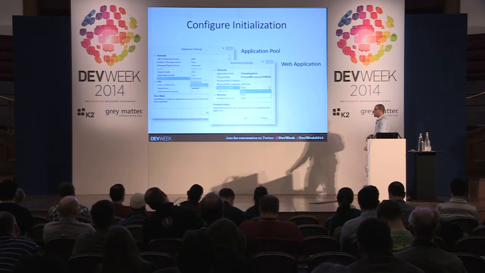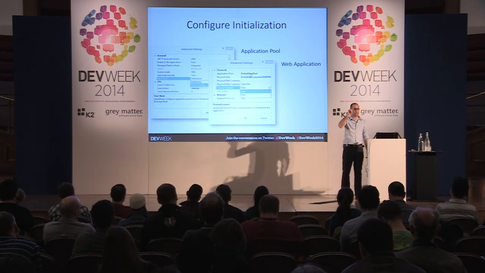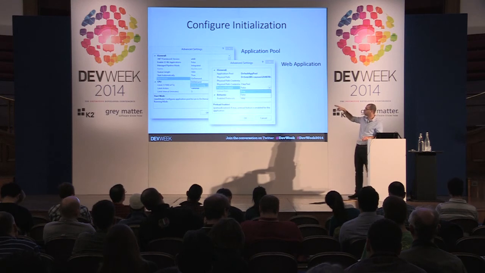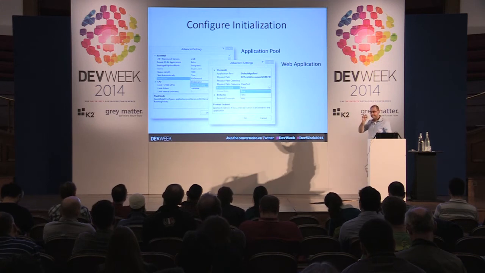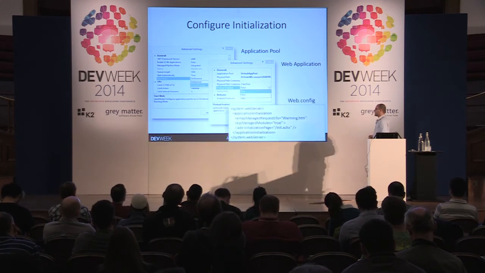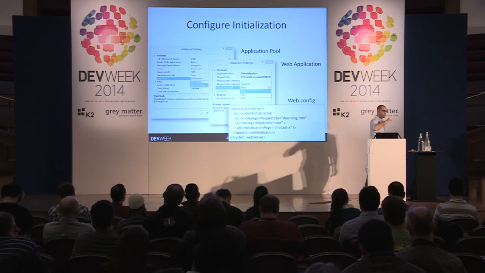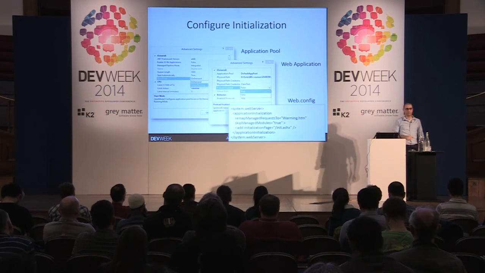The second thing, go to your web application properties. It's right-clicking the web application and selecting the advanced properties, and change the preload enabled from false to true. Simple, okay? The next step is a bit trickier. Open your web config file, locate the system web server, and add this block to the web server.